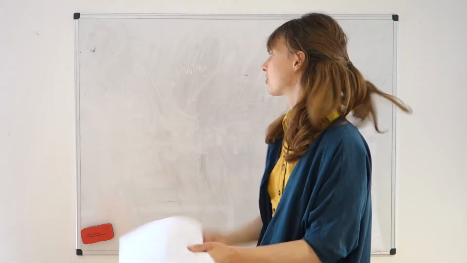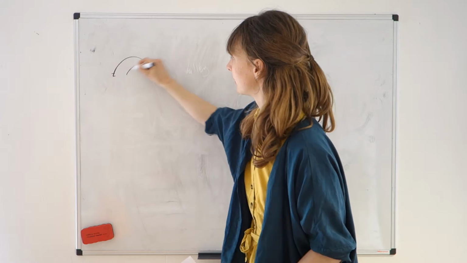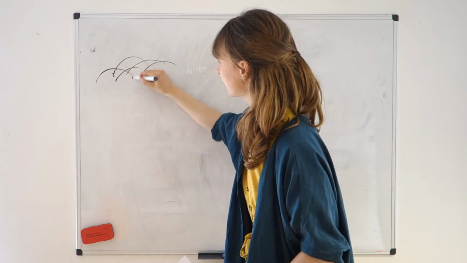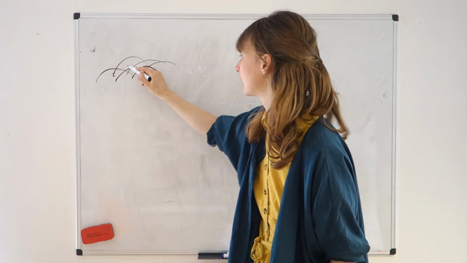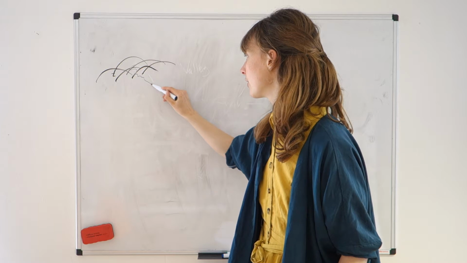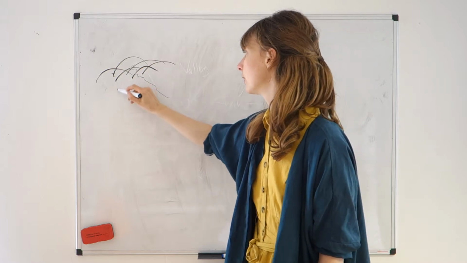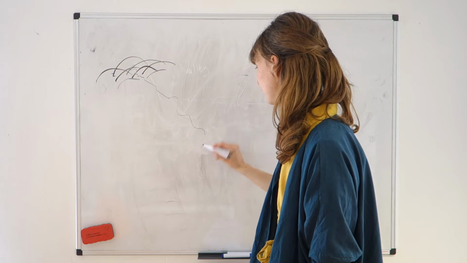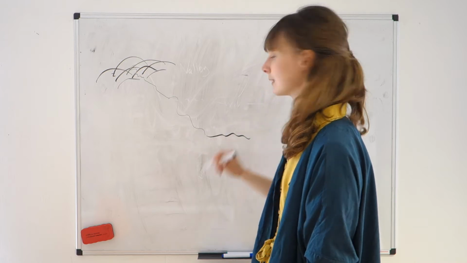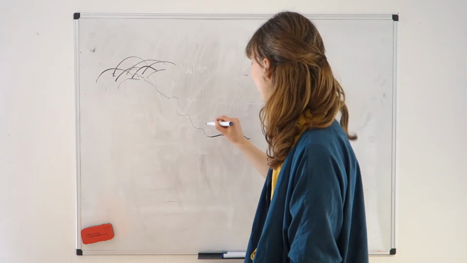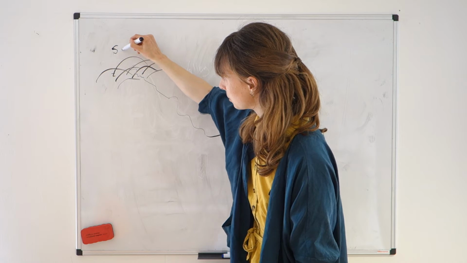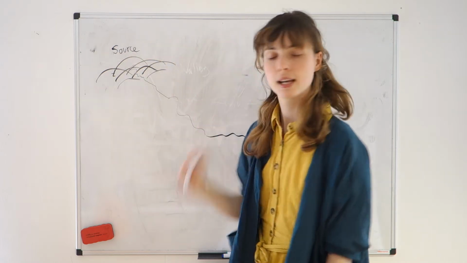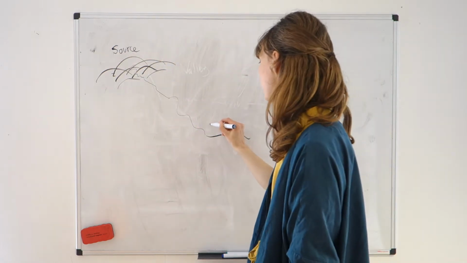We know that rivers start in upland areas, hilly areas, where it rains a lot. Our river starts and it flows, and then it will start to flow through flatter areas. And it will flow all the way down until it gets to the sea. And the start of a river is called its source, and the end of the river is called the mouth.